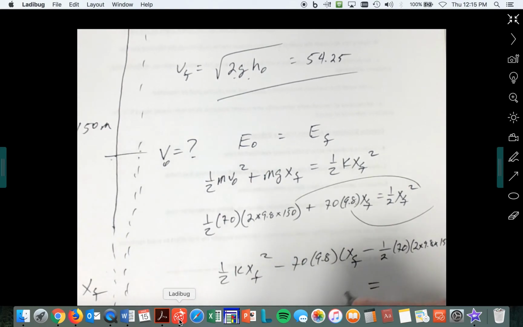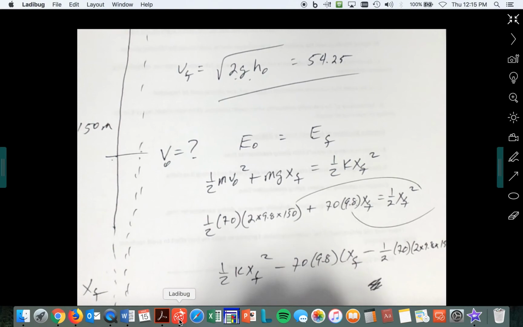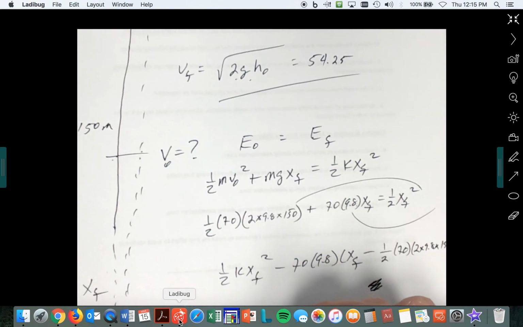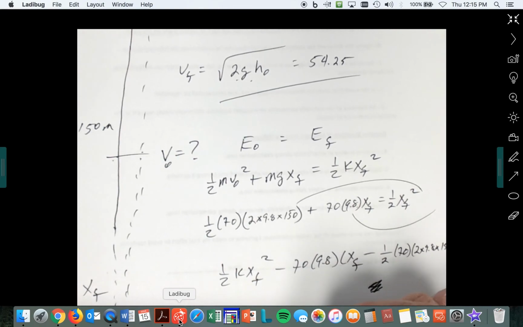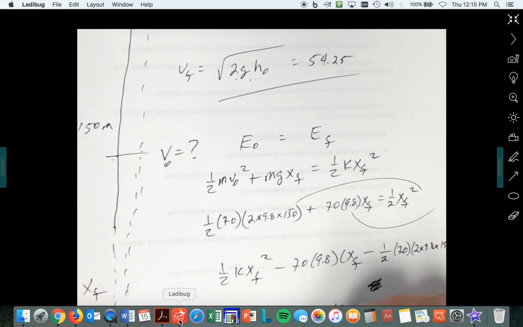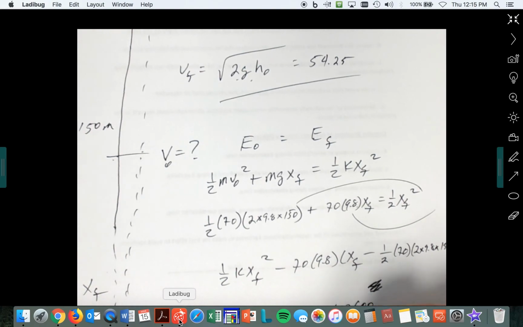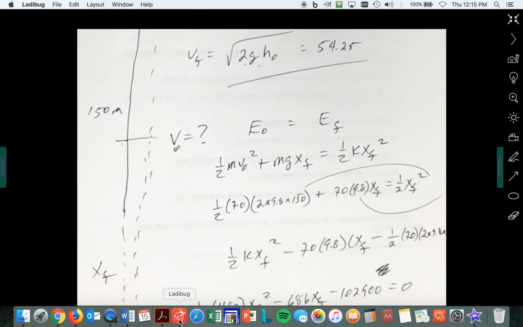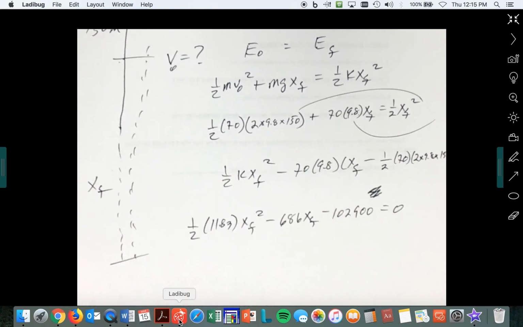And that actually comes out to be 1/2 times 11.83 times xf squared minus 686 xf minus 102,900 joules is equal to 0. Got a quadratic equation for xf here.